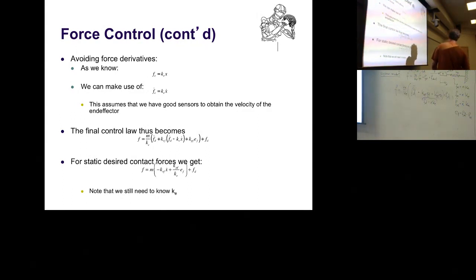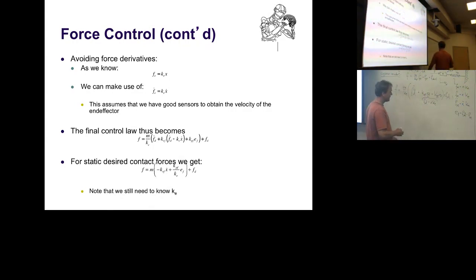And then we can say, okay, most of the time you really don't care about the transients when you're touching the system. So the acceleration of force and the velocity of force are not planned. They're actually meant to be 0. You just want to go touch something and have a desired force, but you don't have a plan for the acceleration and the velocity of force, so to speak.